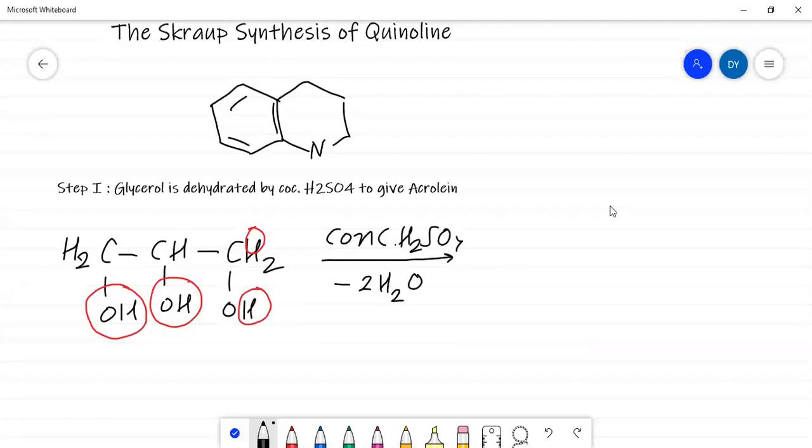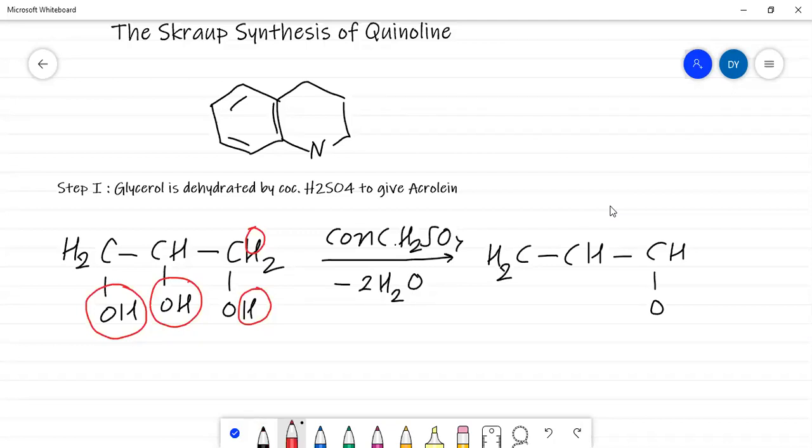See what type of structure forms with removal of these water molecules. Like this, right? Because OH, okay, I give numbers 1, 2, 3.